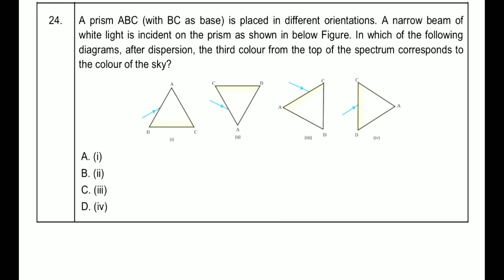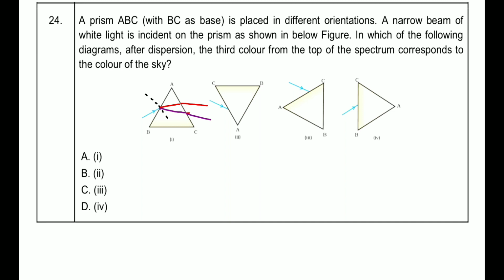So obviously first you will have a normal here, right? We know the red color will deviate less, and on the other hand the violet color will deviate more, and when it comes out, you will have a band, right?